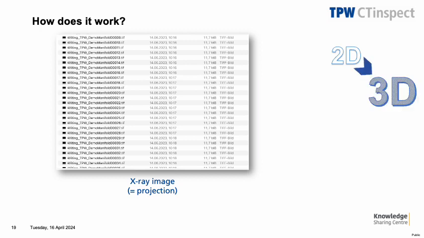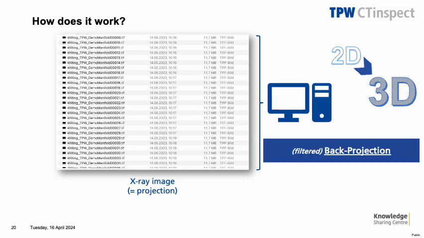Nobody will look at the hundreds or thousands of X-ray images to inspect a sample, and you may already wonder how the CT data that you might be familiar with is actually being generated. For this, all these image files are being fed into a computer algorithm that is called back projection, or more precisely, filtered back projection.